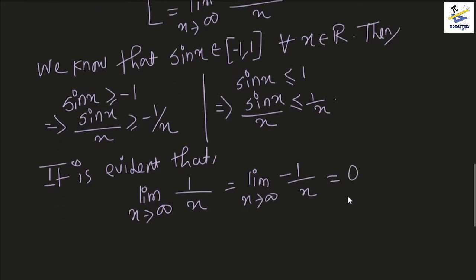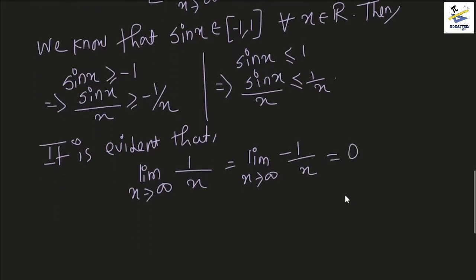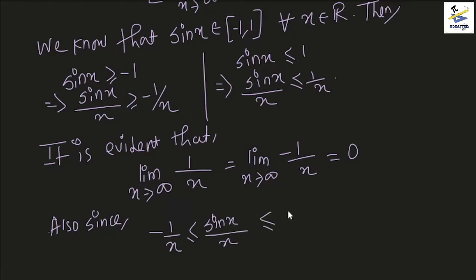So both the limits actually go to 0 irrespective of the sign, and since we can bound the function sin x by x using this as we have done here, we can basically write -1 by x less than or equal to sin x by x less than or equal to 1 by x, right?